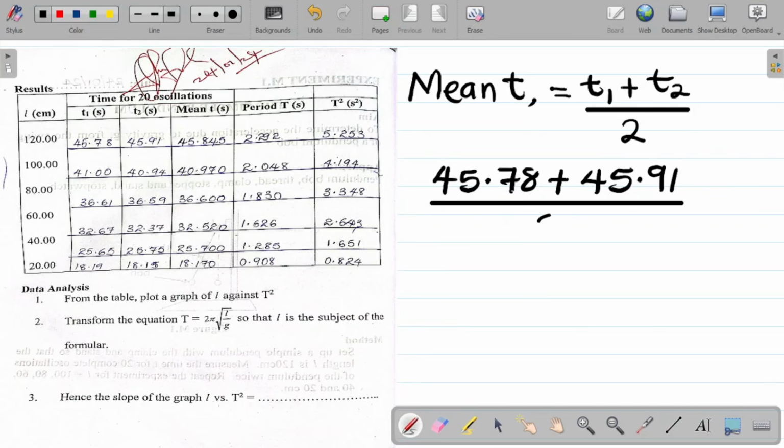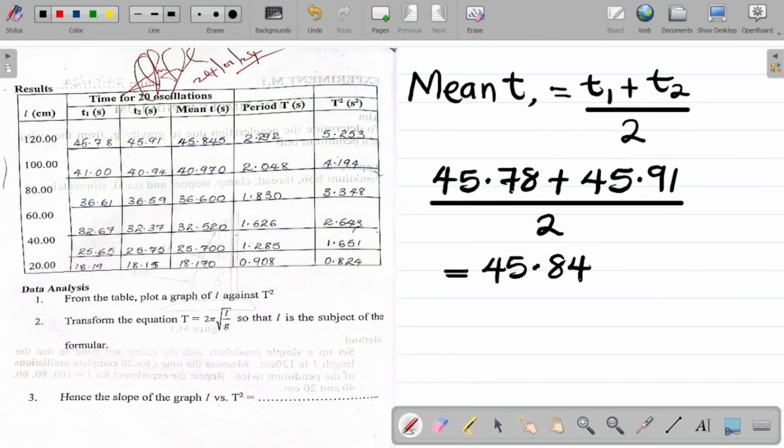So I'll punch my calculator to get this value. If I'm having 45.78 plus 45.91 divided by 2, my answer is about 45.84.